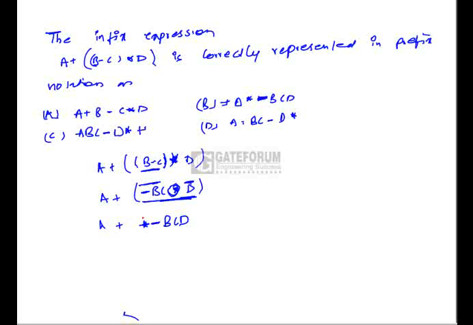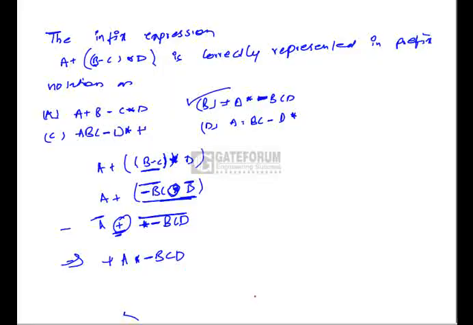And here these two will be operands for this operator. So the prefix expression would be plus followed by a followed by star minus b, c, d, which is option B.